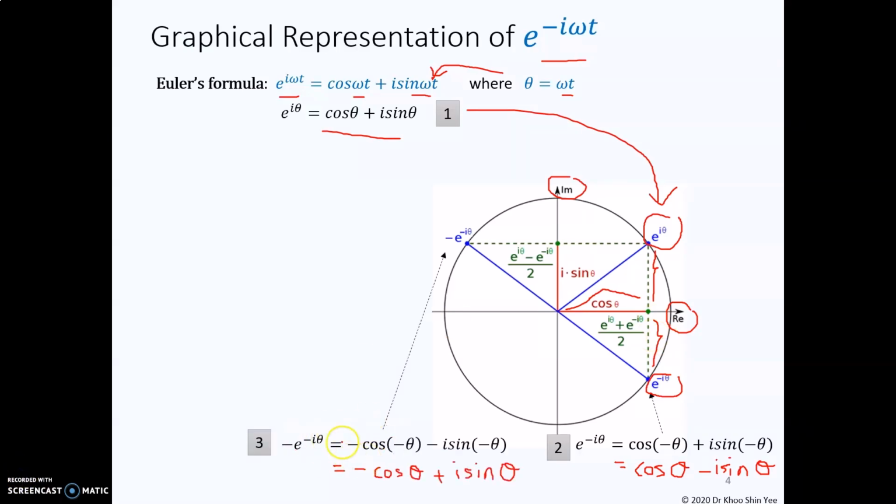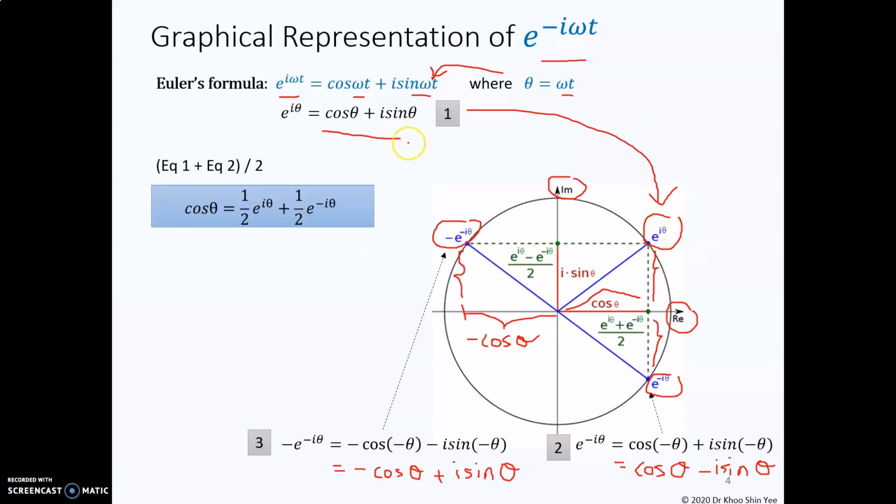By using a similar method, we can obtain negative exponential negative i angle to be negative cos angle plus i sin angle. So for this position, you have the negative cos angle plus the i sin angle.